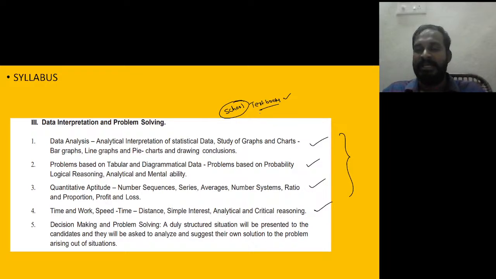From those only I have taken some concepts and discussed them. And when it comes to topics like simple interest and probability, everyone has some doubt whether questions will be asked from compound interest or not, and similarly whether questions are asked from permutations and combinations or not.